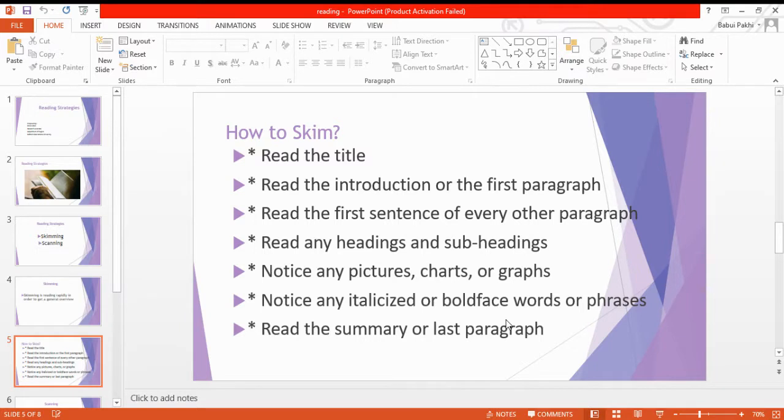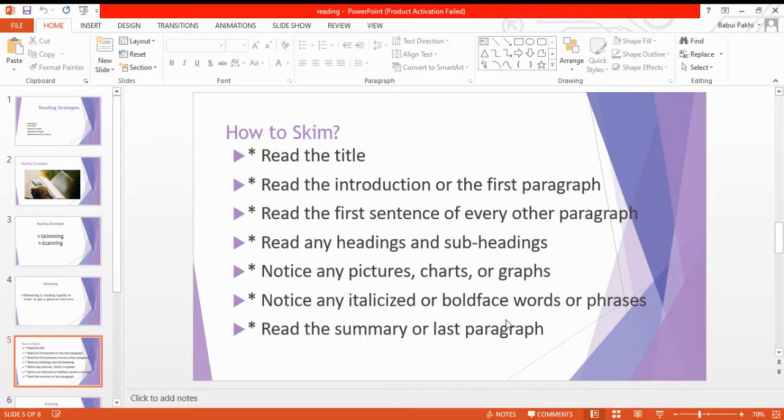Then read the first sentence of every other paragraph. When I taught paragraph writing, I already told you that every paragraph has an introductory sentence. So the very first sentence of every paragraph is the introductory sentence.